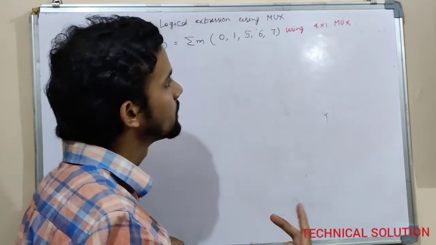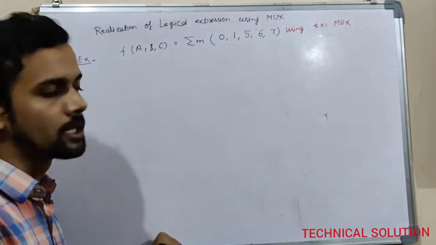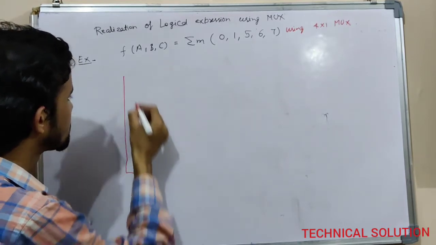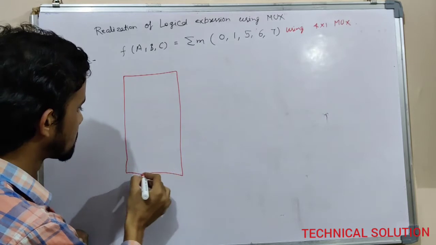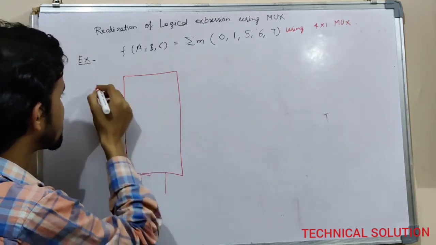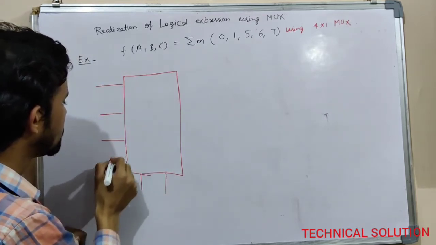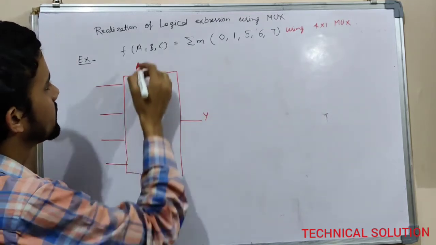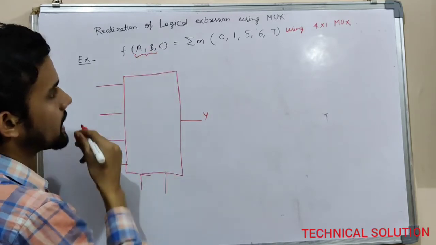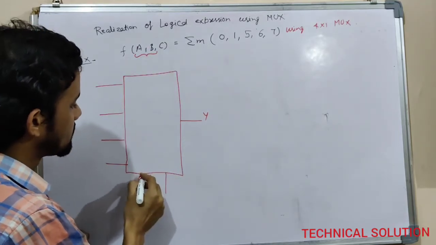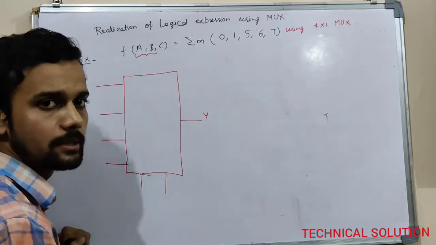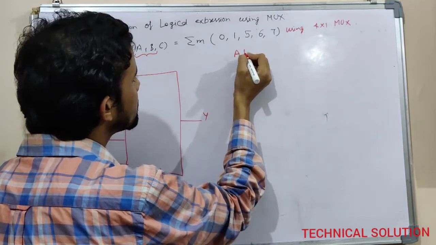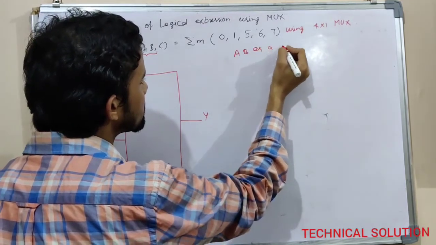Using 2 selection lines we can form 4 inputs and 1 output. Let us take only AB as the selection line. C is not present here.